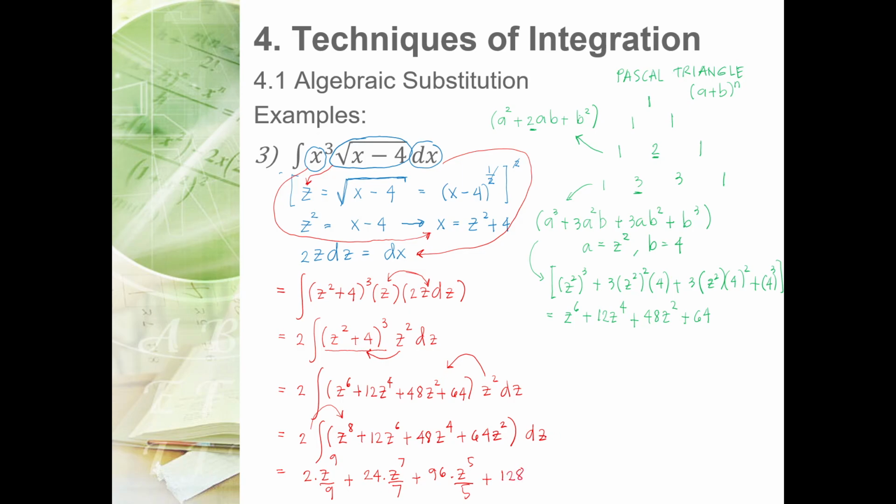So 64 times 2 is 128, and then z cubed all over 3 plus c. All right.